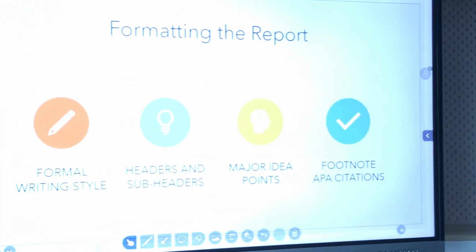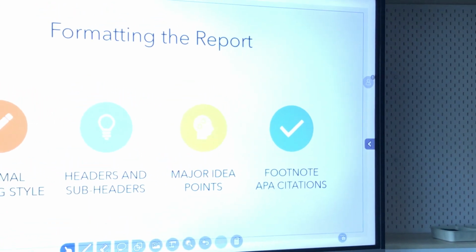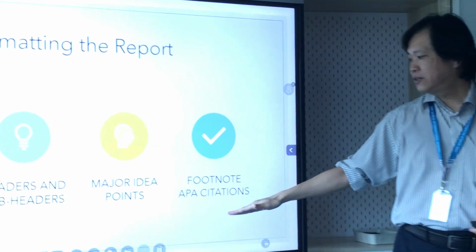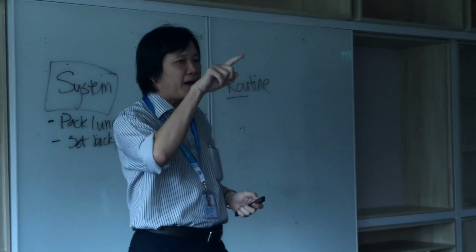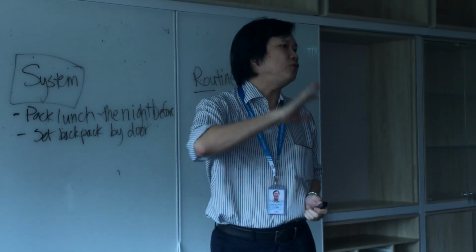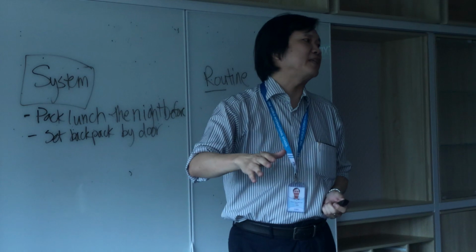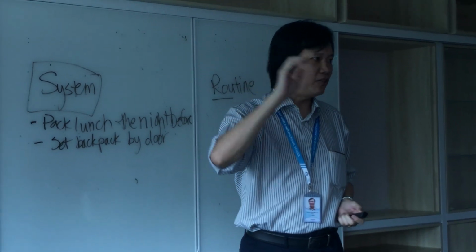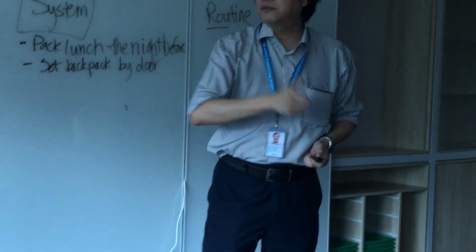Make sure that you have your major idea points put in place, and then you must have your footnote APA citations. APA is a format. You can choose not to use APA, you can use other formats, but the things that I mentioned, you must put down, the list of authors, whatever, it must all be there.